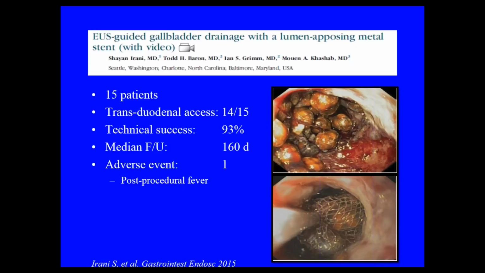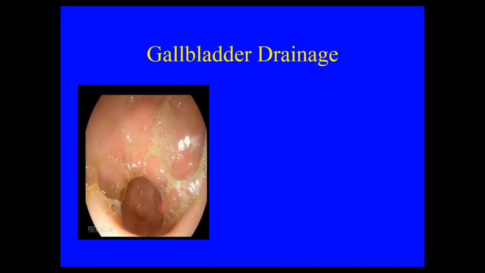candidates. I want to show you an example of a patient, an elderly 94-year-old with acute cholecystitis, fever, chills. The patient was found to be not a good candidate for surgery because of her age. So we decided to proceed with endoscopic drainage.